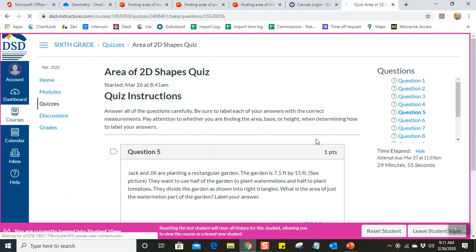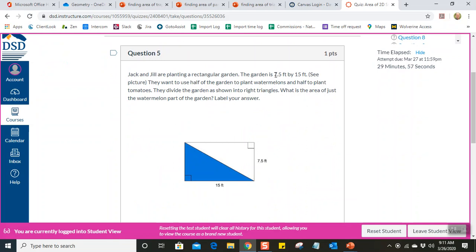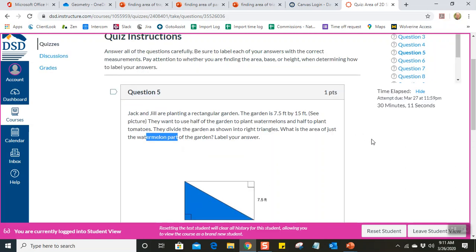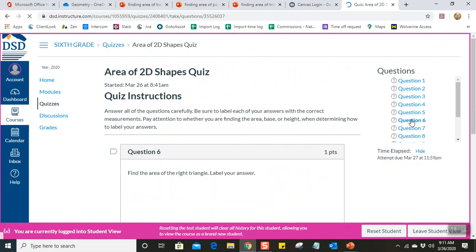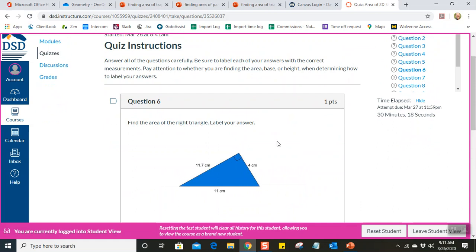Question 5. A rectangular garden, but these are the dimensions of the garden. They want to know the area of just the watermelon parts. They're divided in half. So basically, this is asking you for finding the area of a triangle. Remember, triangles and trapezoids, you divide in half. Question 6. Again, right triangles. So if you watched my other video, you know that sometimes they are slanty.